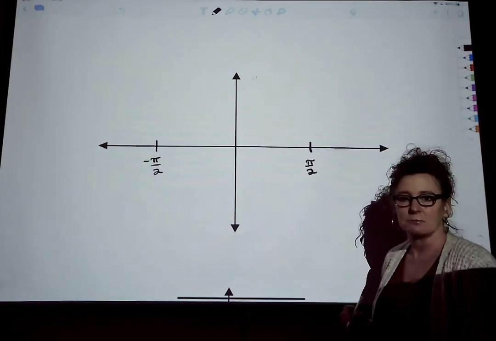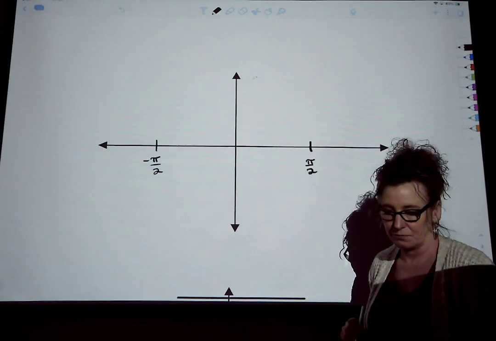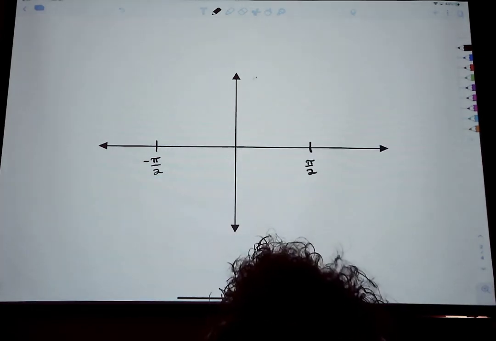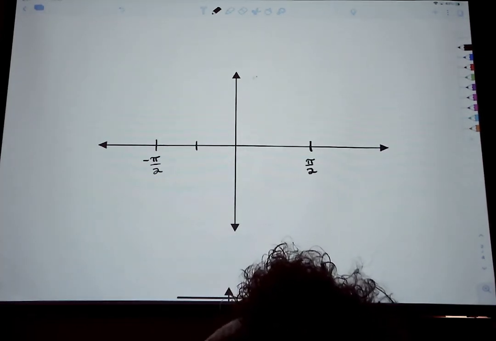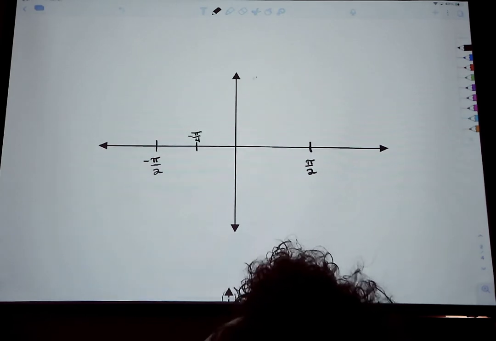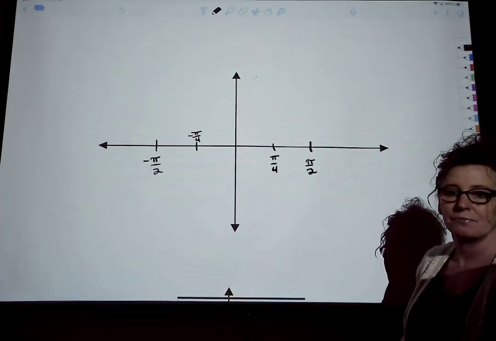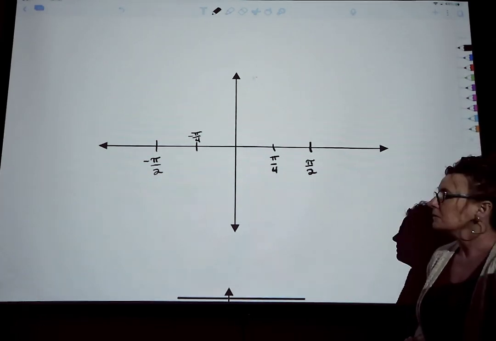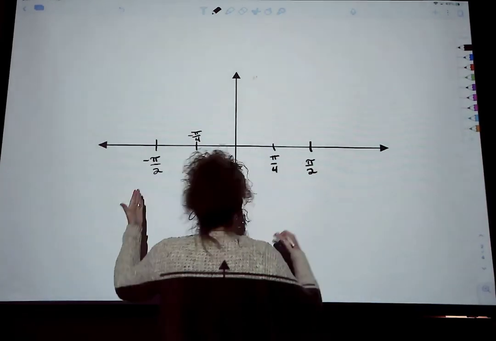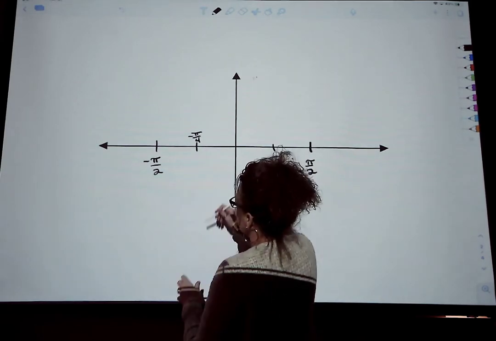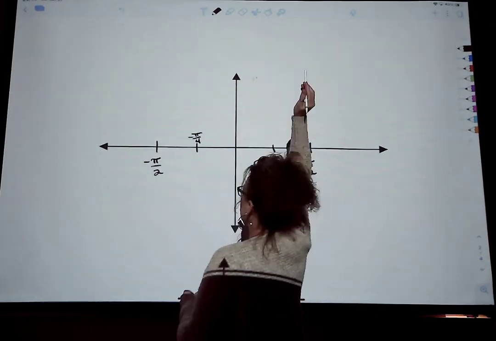Normally, that's where your asymptotes would go. And then you would need this x value and this x value, right? Normally, I would draw an asymptote here and an asymptote here, and I would go point, point, point, whoosh.